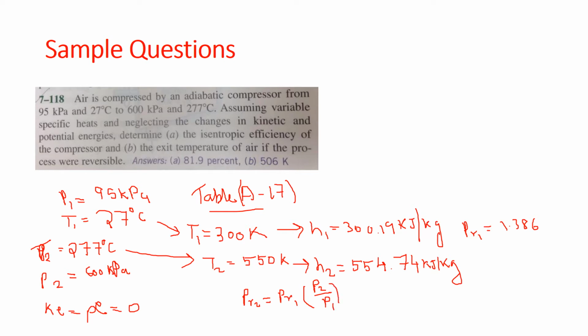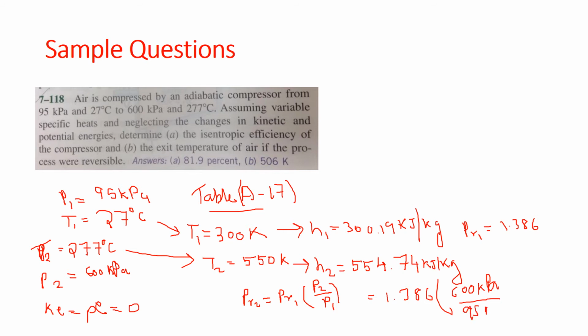We know Pr1 is 1.386. Also we know P2 and P1. P2 was 600 kilopascal, divided by P1, which was 95 kilopascal.